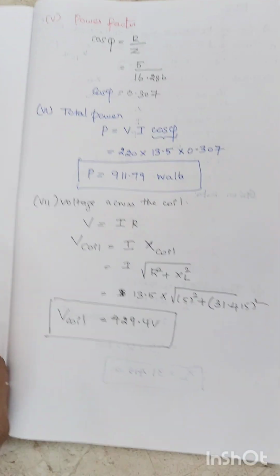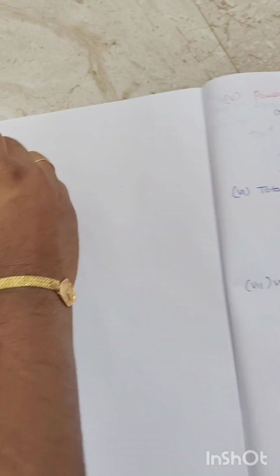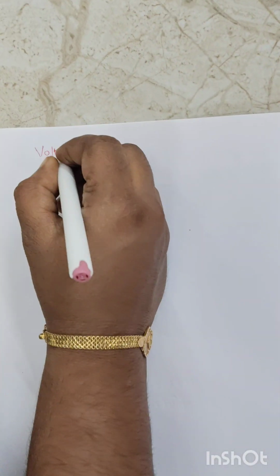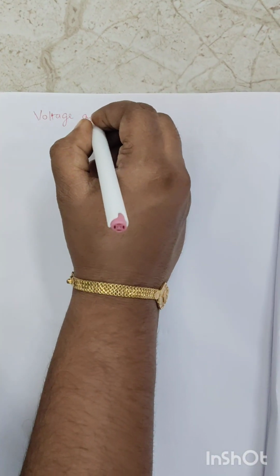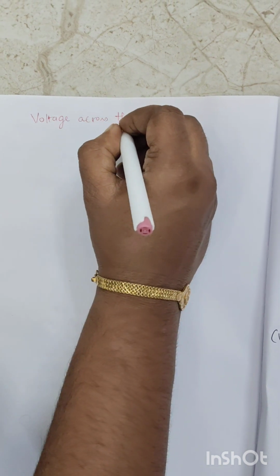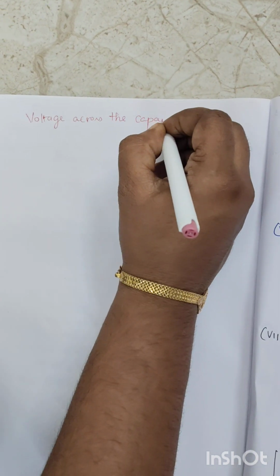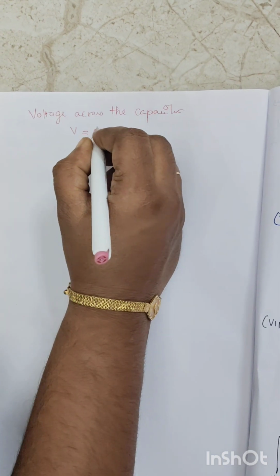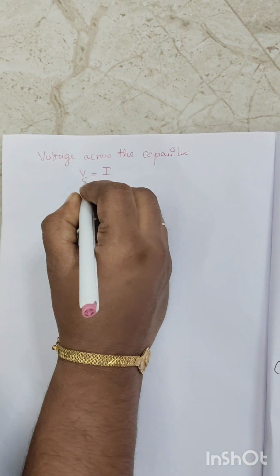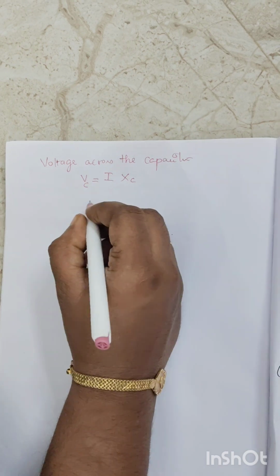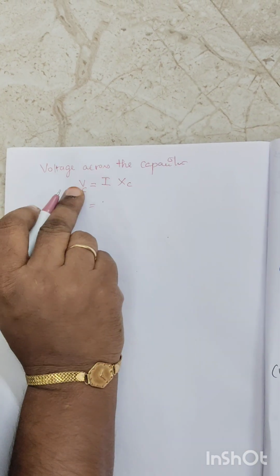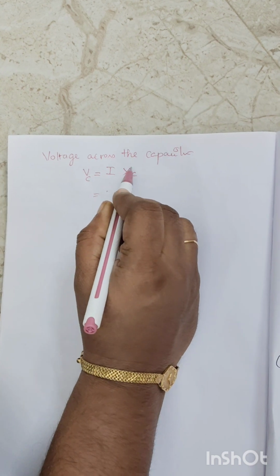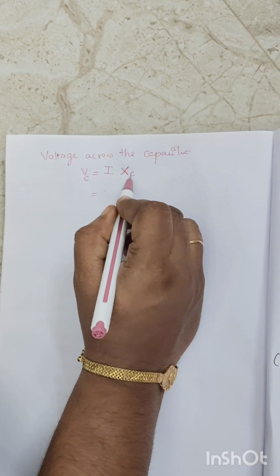Next, calculate the voltage across the capacitor. The general formula is the same: VC is equal to I into XC. VC is the voltage across the capacitor, I is the current, and XC is the reactance in terms of capacitance.